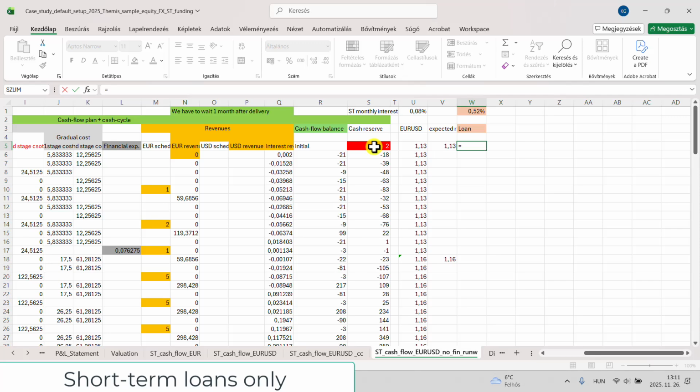Here, do we have to take up a loan? No, we don't have to take up a loan because this is positive. So right now our debt is 0. Then here we have to take up the loan for that one.